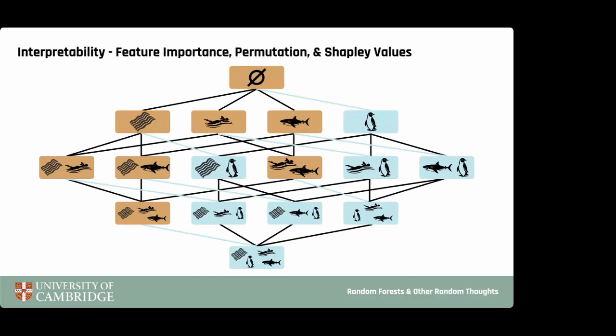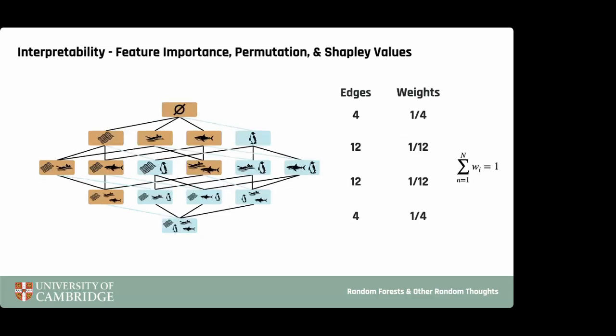And we look at the contribution that impersonating a penguin is adding on top of the prior model. And what we do is we look at the total number of edges within that graph, and we use that to create weights.